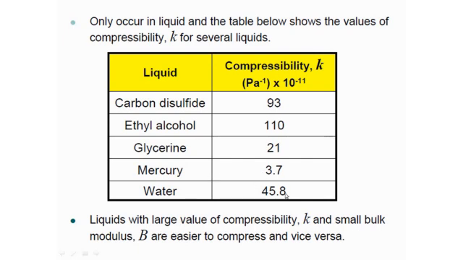You should remember that liquids with a large value of compressibility, for example ethyl alcohol, and a small bulk modulus are easier to compress. As we all know, the compressibility is the inverse of the bulk modulus. If the value of the compressibility is more, then definitely the value of the bulk modulus is less. So liquids with a large value of compressibility are easier to compress, and it is vice versa.